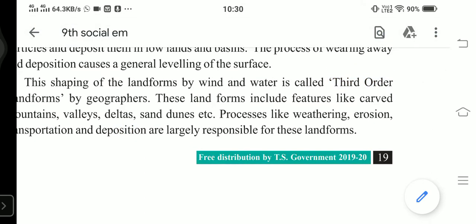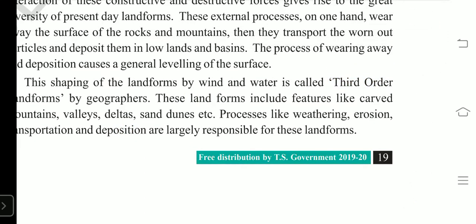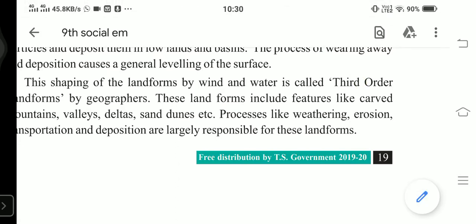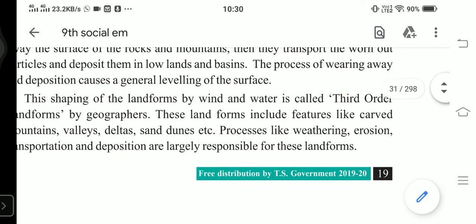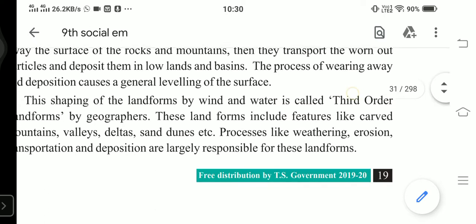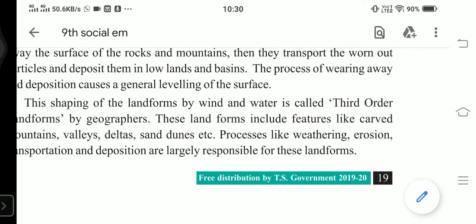Understand? So, in this way, we have seen three types of landforms, right? Primary landforms or first order of landforms, which are formed at the time of Earth evolution, that is oceans and continents, right? And second order of landforms, which are mountains, valleys, plateaus, plains, which originated due to the internal process, that is slow movement and sudden movement of the plates, right?